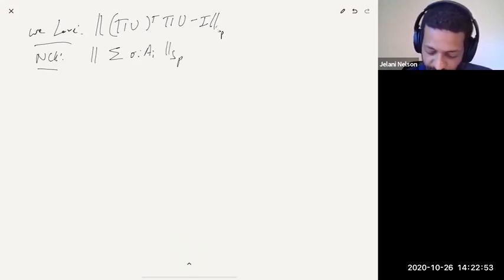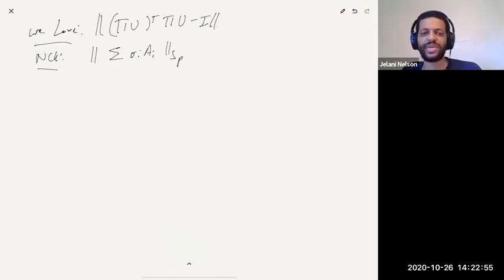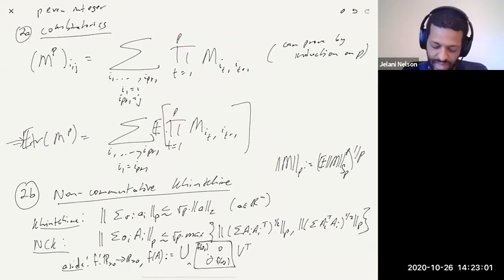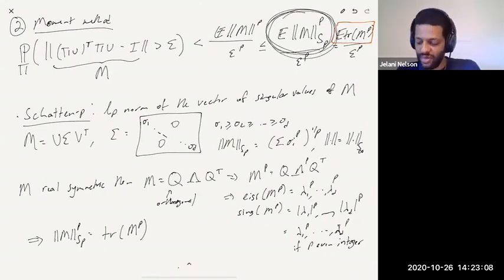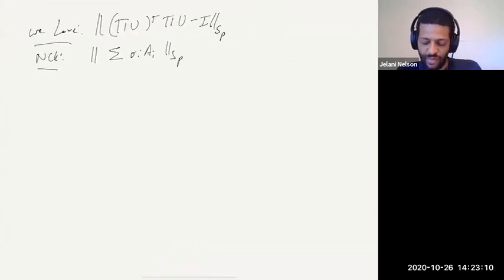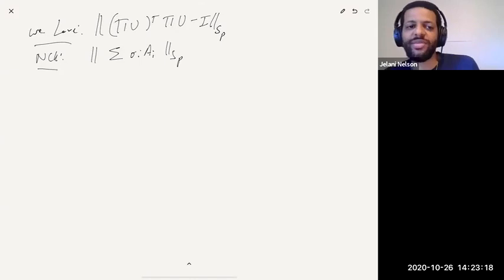Actually, we do have the Schatten p norm, because that's what we did up here. We basically said what we care about at the end of the day is the Schatten p norm. But this doesn't really look like the form that we want. It's not the sum of a random sign times some matrices A i. So how do you massage it so that non-commutative Khinchin actually applies?